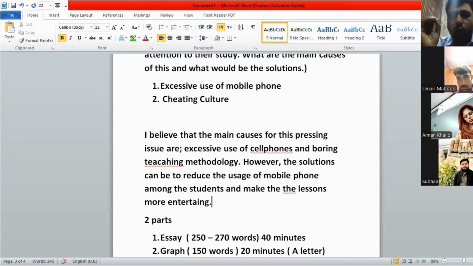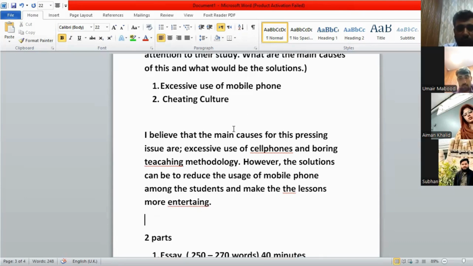You wrote all the things that you are going to write in the entire essay. Are you getting my point? Yes. Now the introduction part should be around 45 to 50 words, around 45 words. Body 1 would be 85 to 90 words.